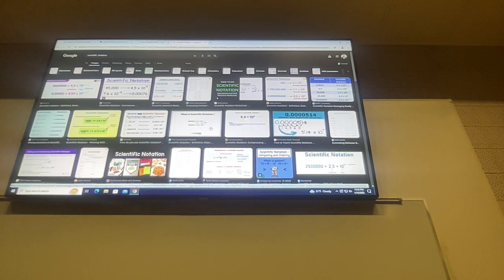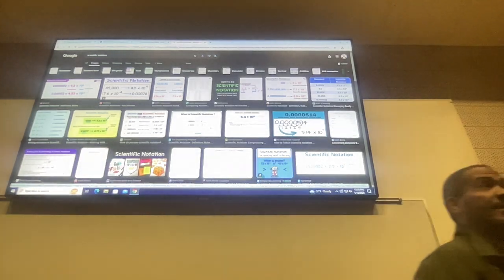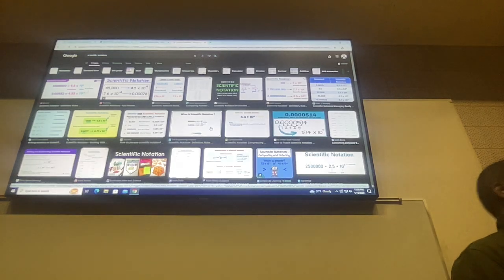So if we look at 45,000, when we write 45,000, we can also write that as what? 4.5 times what? 10 to the 4, which is what? What is 10 to the 4? That's 10,000.